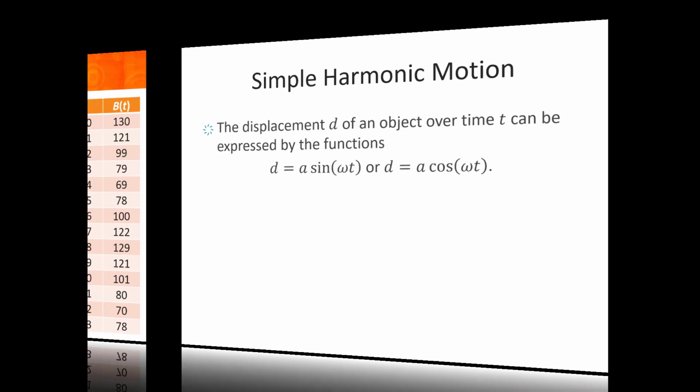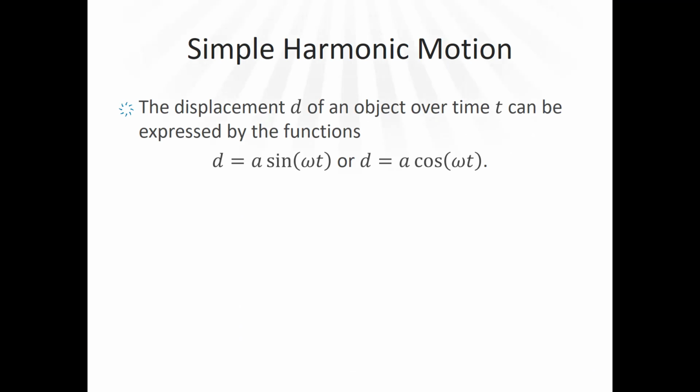All right, let's shift away from modeling data to an application on simple harmonic motion. There are several types of harmonic motion, but we're going to just focus on simple harmonic motion. The idea is that we have some object that's moving over time, so we think of it as a displacement. It's oscillating, if you will, up and down.